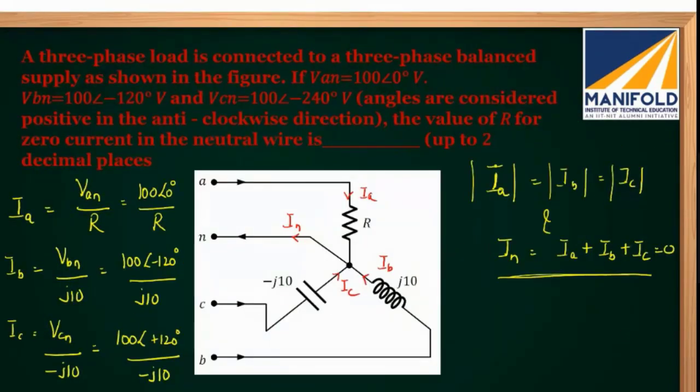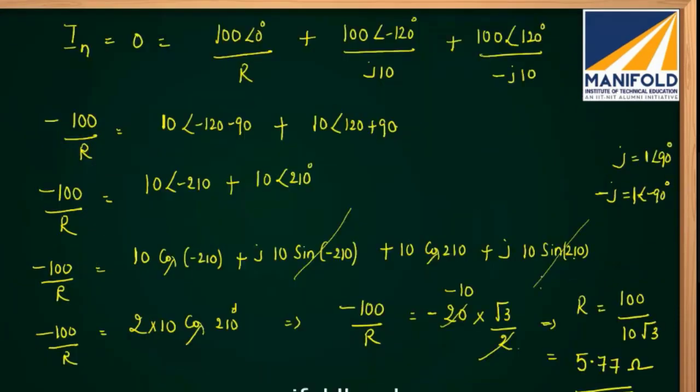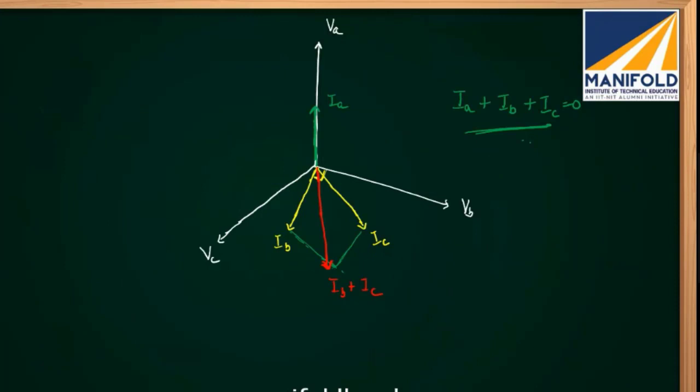If you interchange the inductive impedance in C phase and the capacitive impedance in B phase, again you try to do the same problem. In that case, just you can practice if you're interested.